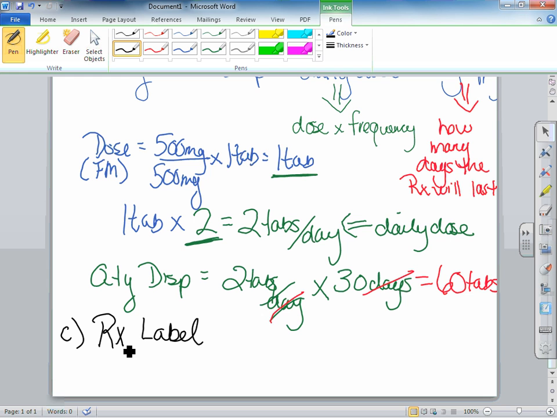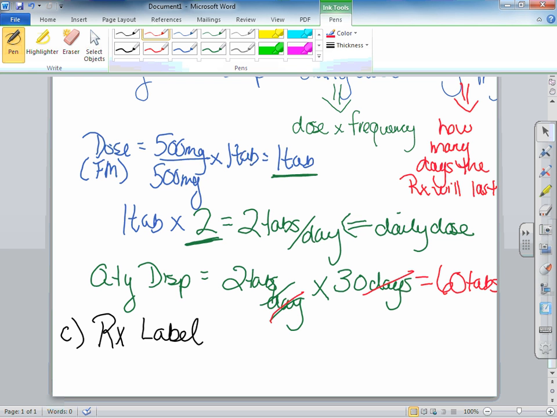When they ask for the prescription label, they want in detail the instructions for the patient on how to take the medication. So remember, you have to follow that format where you have a verb, a dose form, route of administration, frequency, and any additional information.